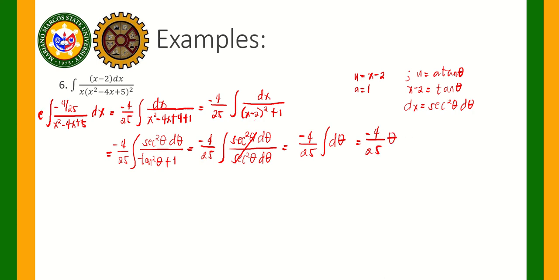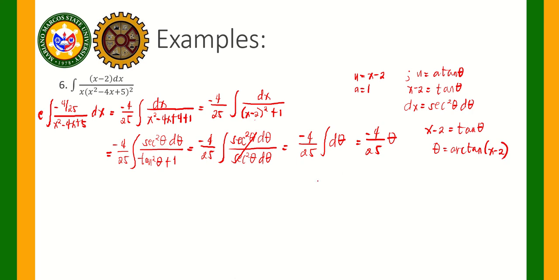Now, saan tayo kukuha ng value ng theta? So, we go back to x minus 2 is equal to tangent theta. So, in order to find the value of theta, we get the arctan of this one. So, ilipat lang natin siya. So, magiging theta is equal to arctan x minus 2.